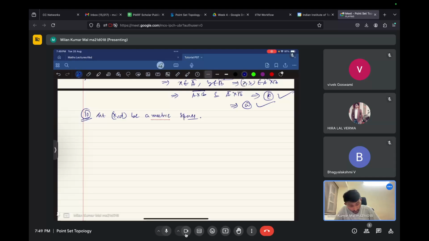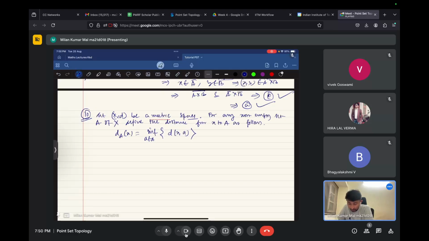Now, for any non-empty subset A of X, define the distance from x to A as follows: d(A, x) is equal to the infimum over a belongs to A of d(x, a).